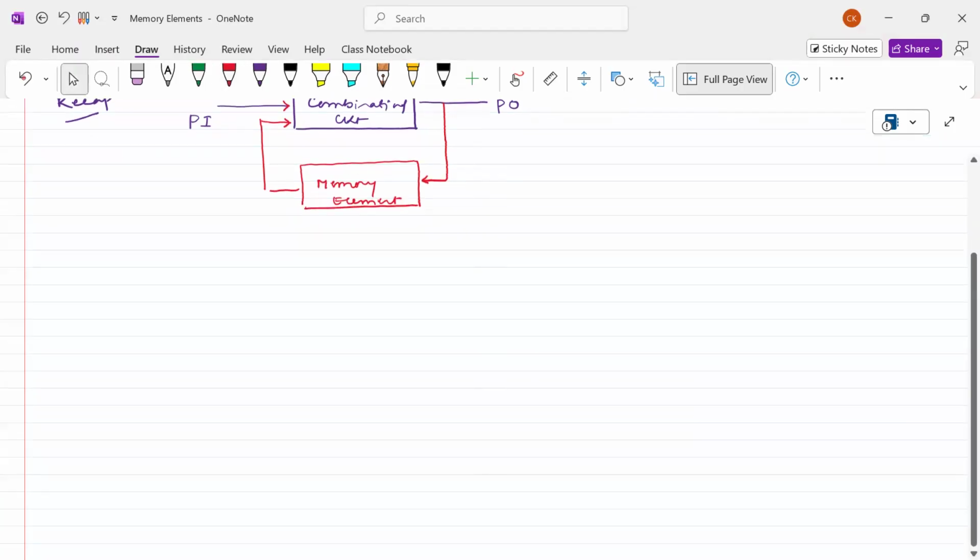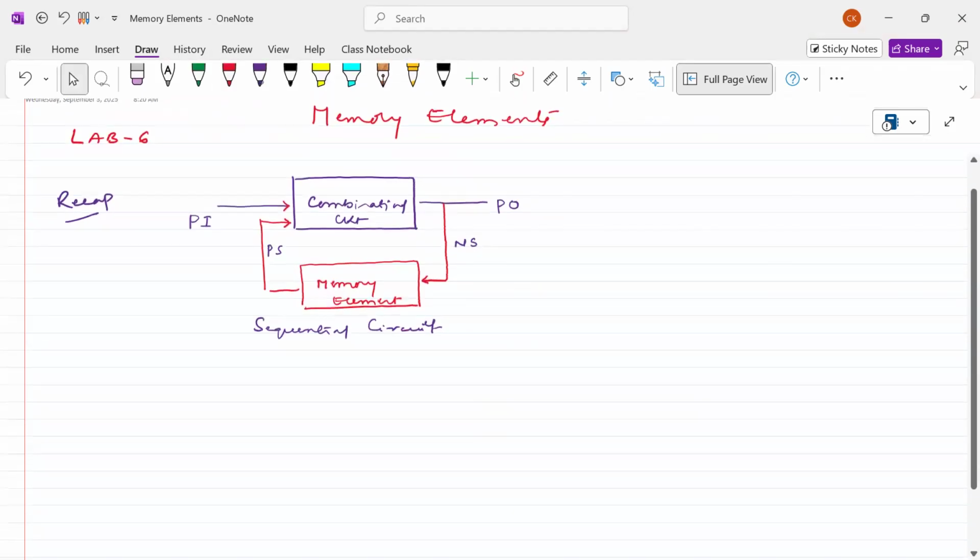So what are the different memory elements we have seen? It is a sequential circuit. So this is called the next state. This is called the present state. Okay.